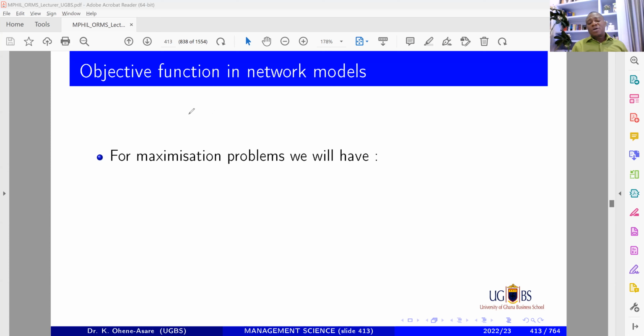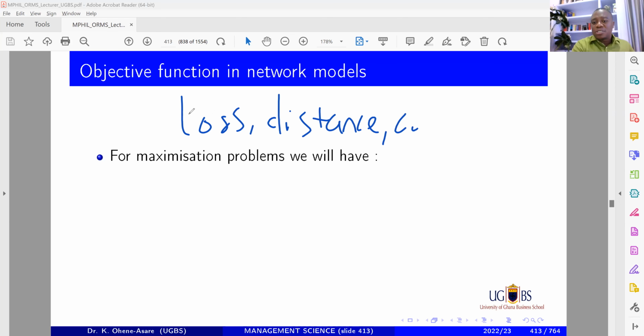Some of the things you will maximize will probably be revenue or profit. Some of the things you'll be minimizing will be losses. You'll be minimizing distances. Please take note. You'll be minimizing costs.